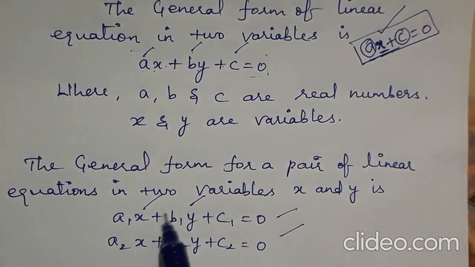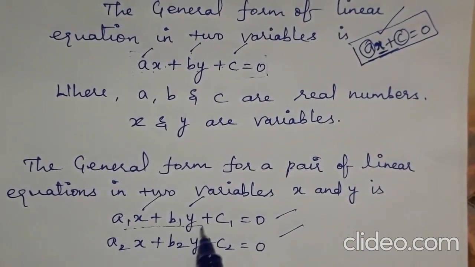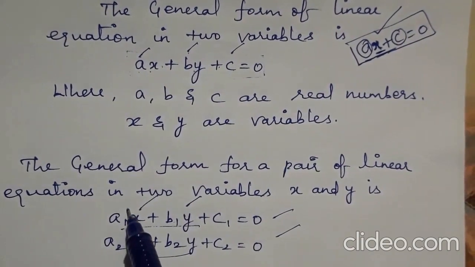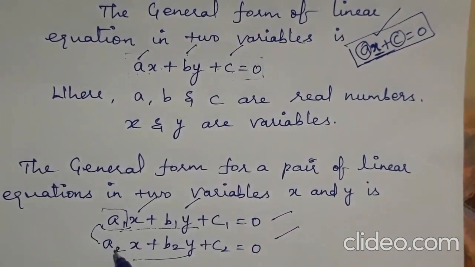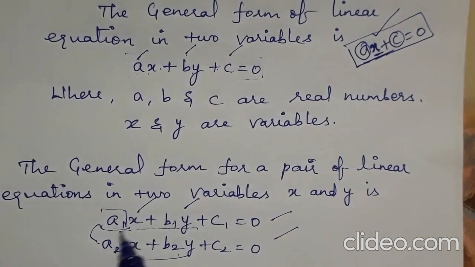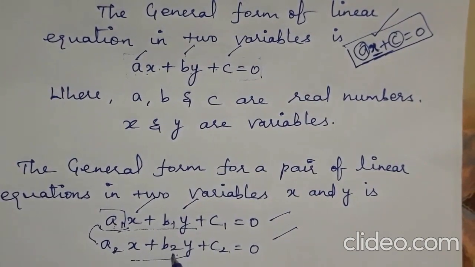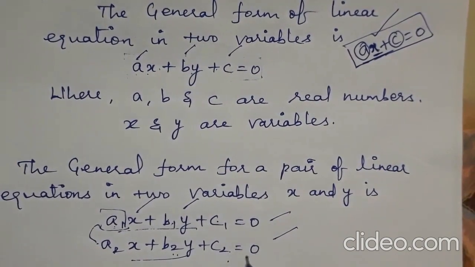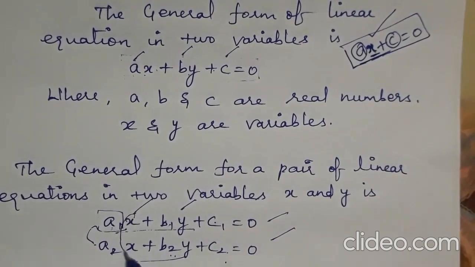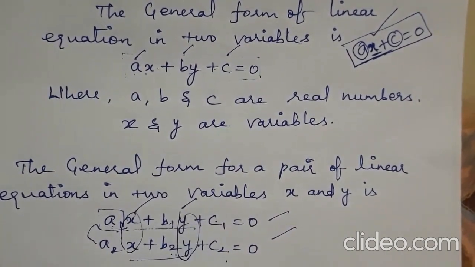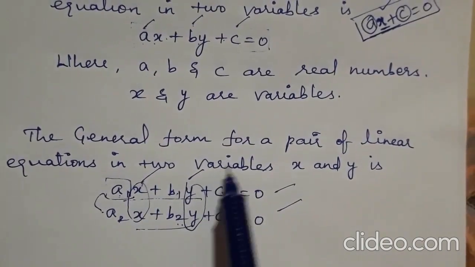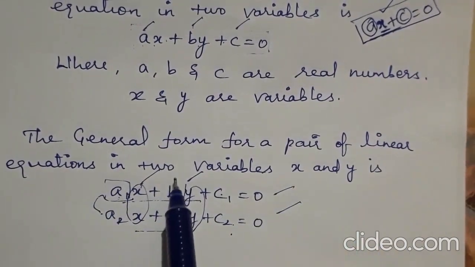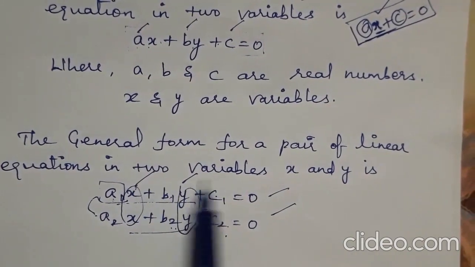Here a1, a2 are used to identify the different equations, with b1, b2 and c1, c2. Same here also, a1, a2, b1, b2, c1, c2 are the real numbers. Here x and y are the variables. So this is the general form of a pair of linear equations in two variables.